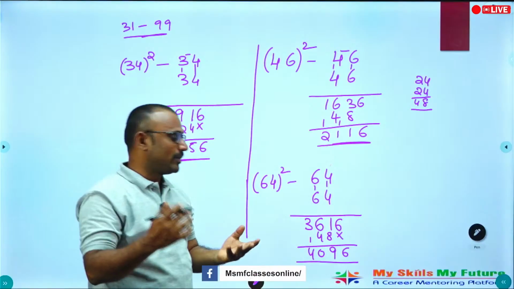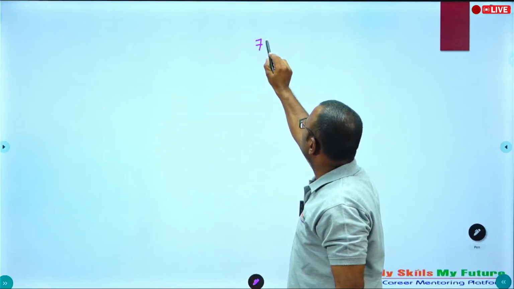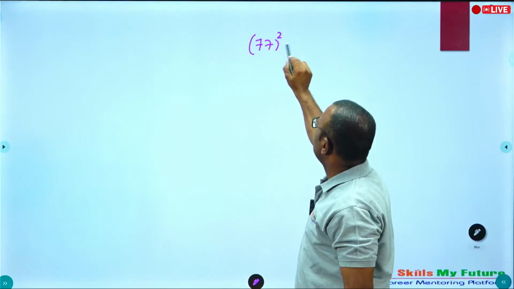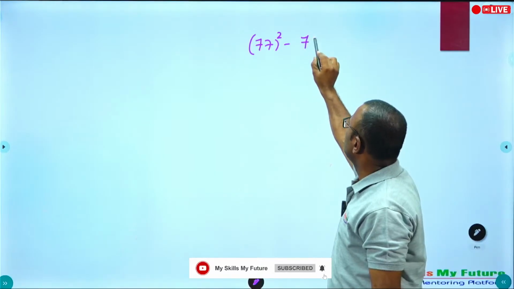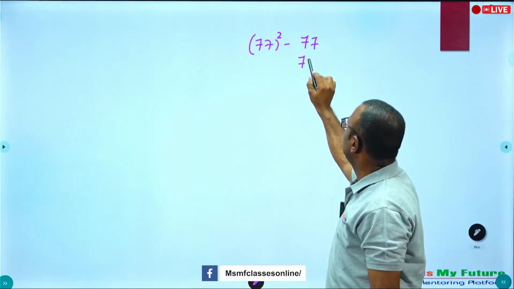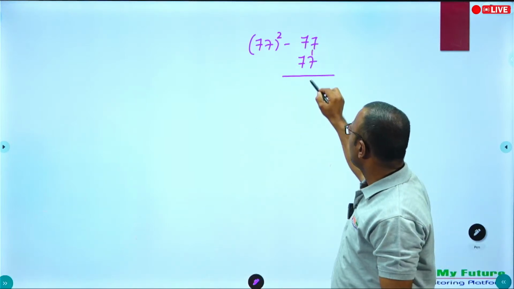One more example. See here, 77 square. Just write the number 77 vertically 2 times. So 7 sevens 49.